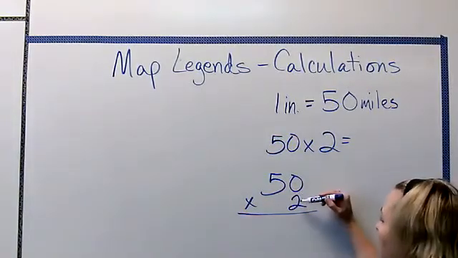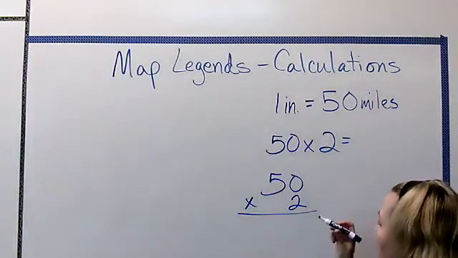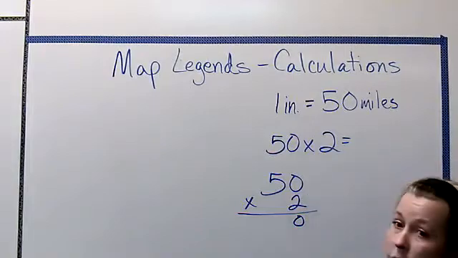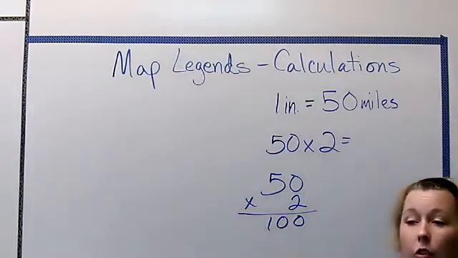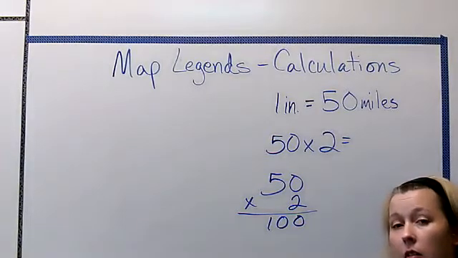Just in case you don't remember, anything times 0 is 0. 5 times 2 is 10. Boom, we have the answer. 2 inches equals 100 miles.